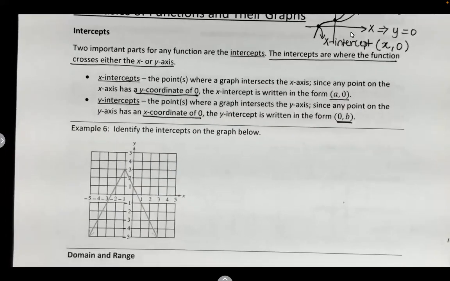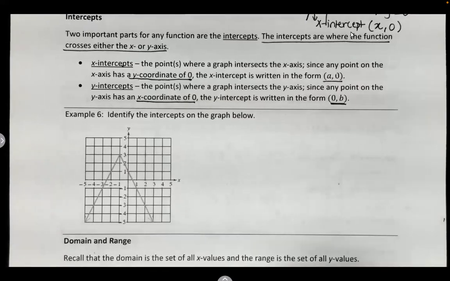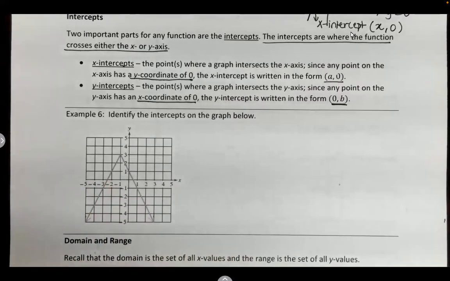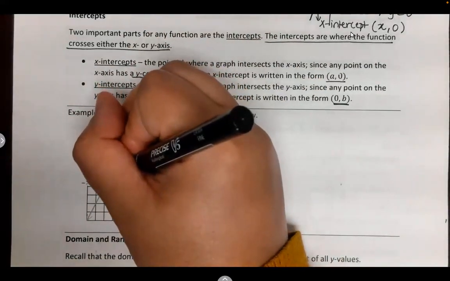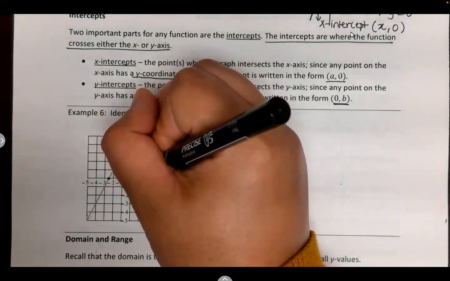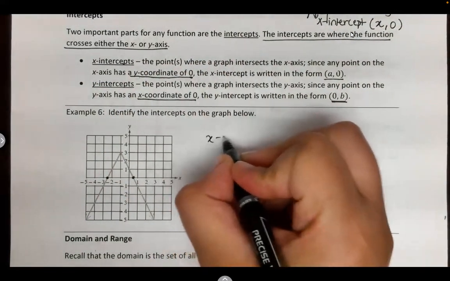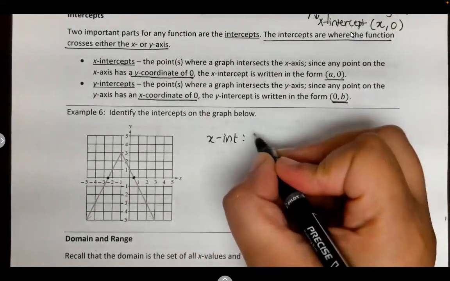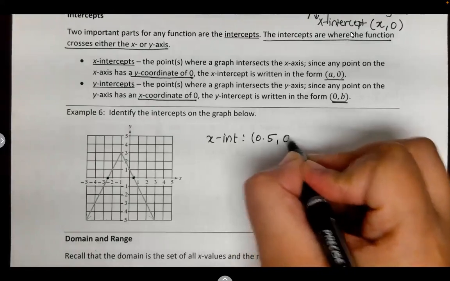Okay. Now you want to identify the x and y intercepts from this given graph. Now I observe that there is this point and this point that intersects on the x-axis. So our x-intercepts over here could be between 0 and 1, so 0.5, comma 0.